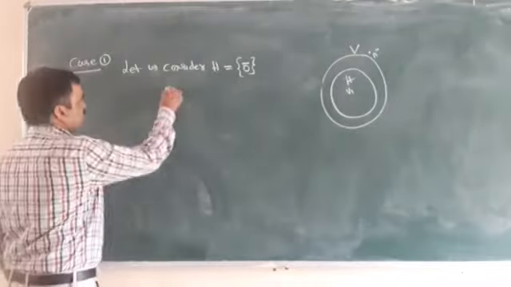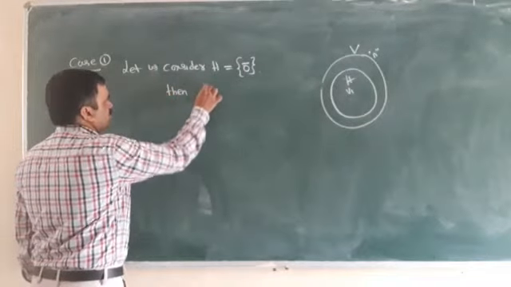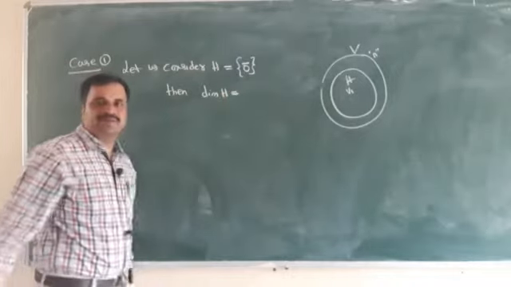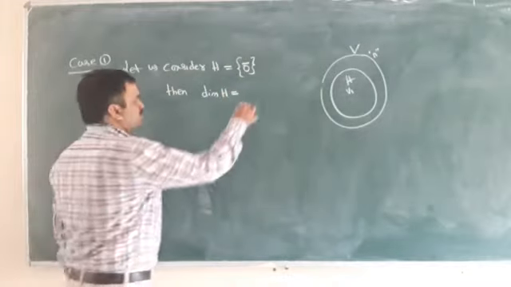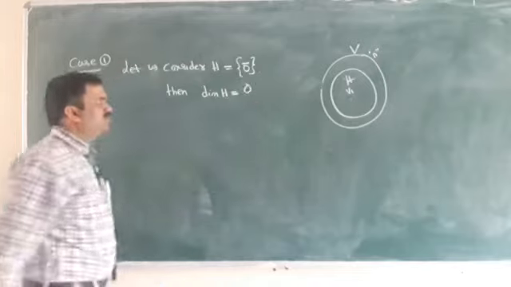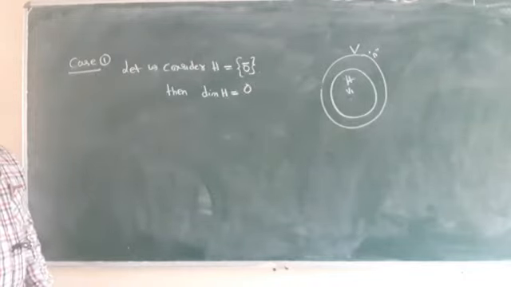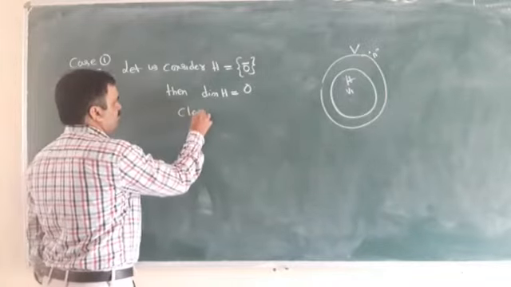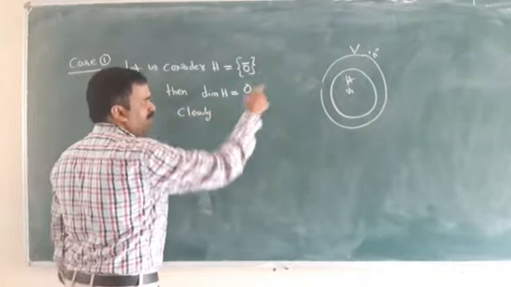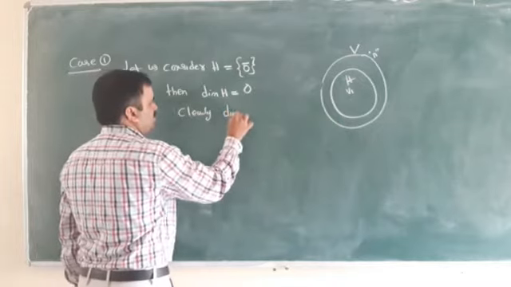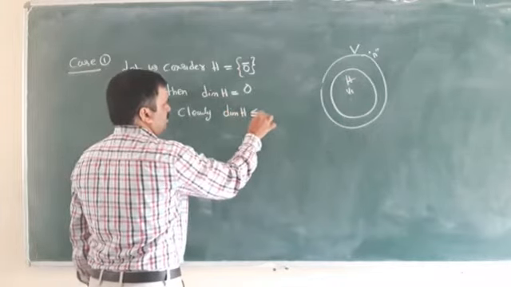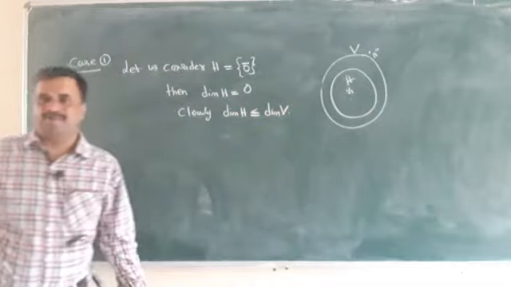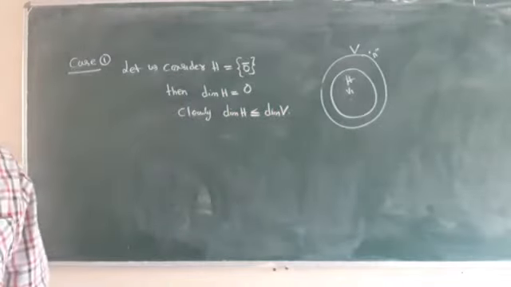Then dimension of H, how much is it? For the zero vector it is 0. So dimension of H is equal to 0. Clearly, because V is already finite dimensional, dimension of H is less than or equal to dimension of V.